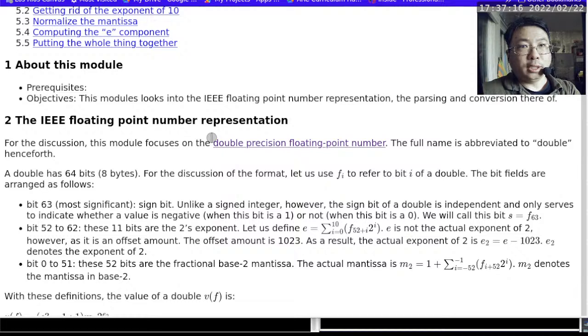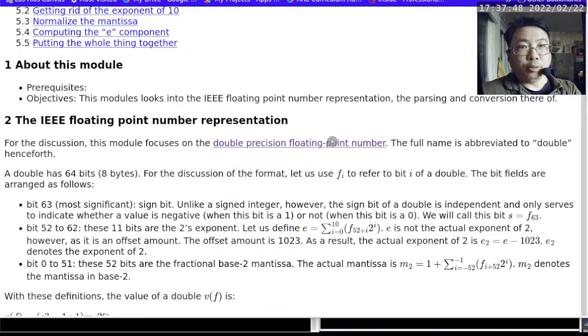It's not really used a whole lot anymore because it lacks precision, and modern processors, just pick any processor off the shelf on a laptop computer, are more than capable of dealing with 64-bit floating point representation. So most of the time we default to the double precision floating point number, which is 64-bit wide, as opposed to the single precision floating point number, which is only 32-bit wide.